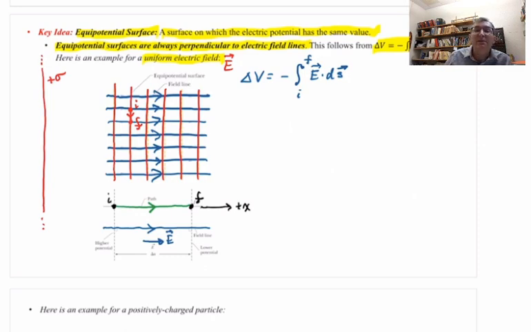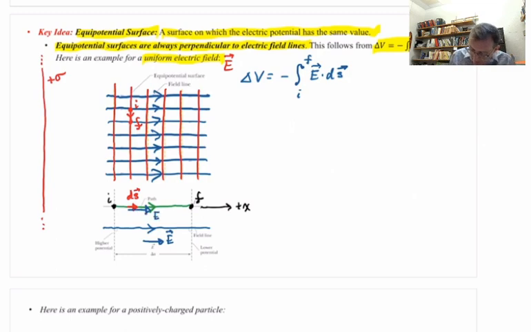So we're going to apply delta V equals negative integral from I to F of E dot ds. Well, what you do is you imagine breaking up that path into a whole bunch of little ds's. I'll just draw one of them right there. Those would be tangent to the path. And you got to imagine a whole bunch of them, one after the other. Okay? And then I'll draw the electric field vector right there. E arrow.